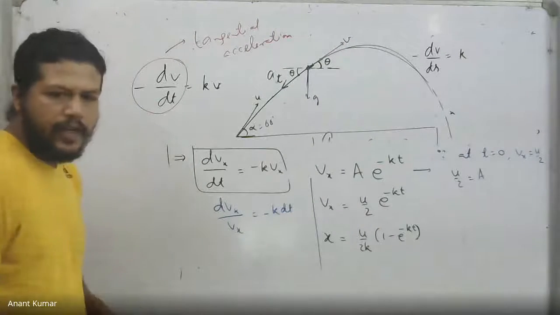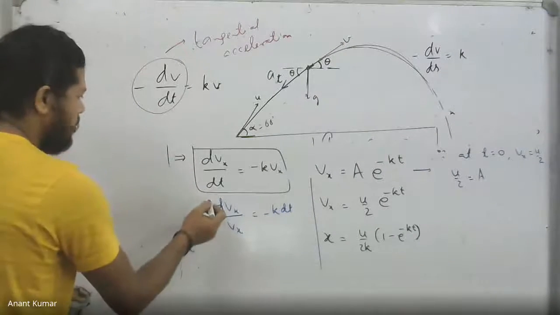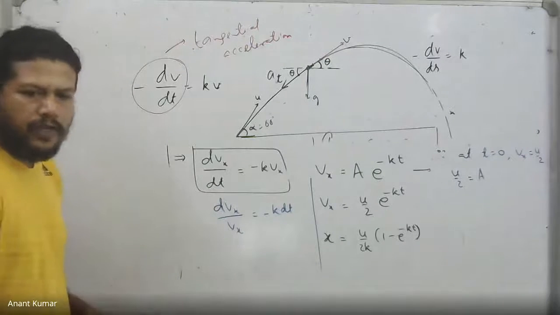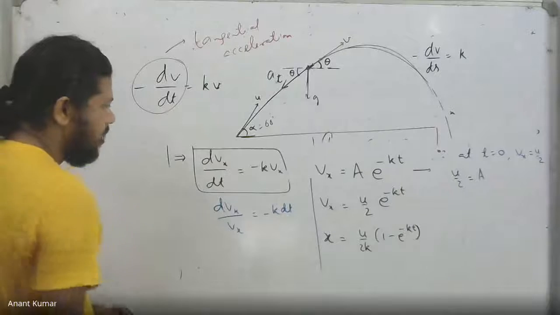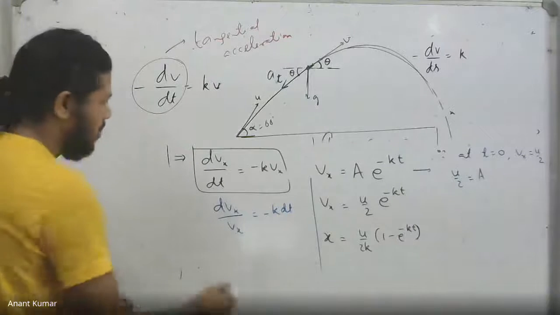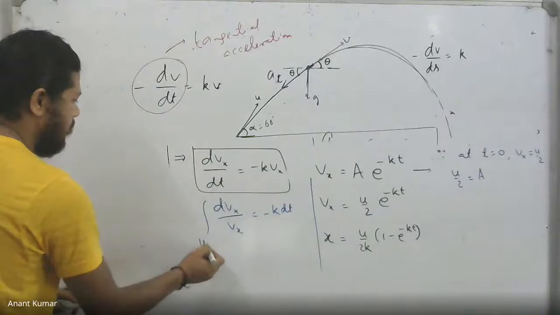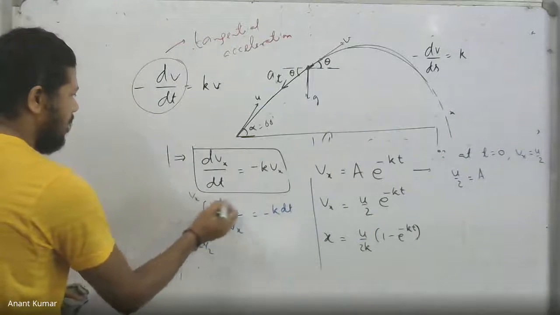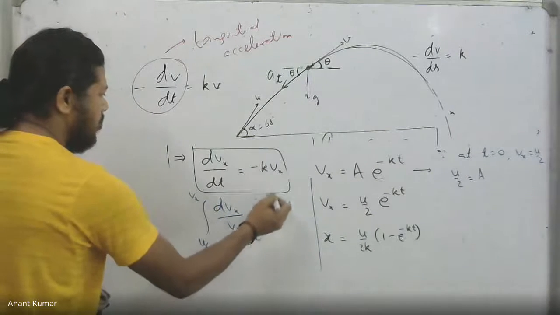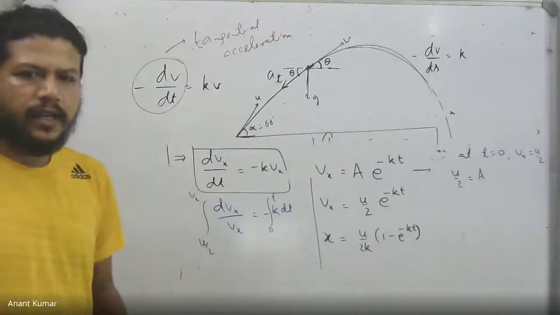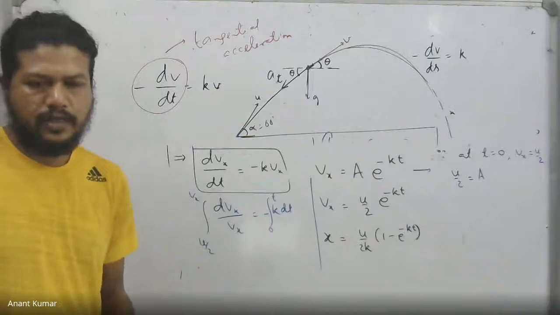And now I perform the integral on both the sides. On the left side, I integrate Vx varying from u by 2 to some Vx, and on the right side, t from 0 to some t. You know that the integral of dx by x is log x, isn't it?